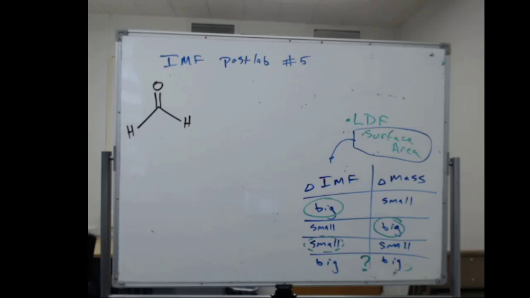Looking it up on PubChem the same way we did with lab. Let's go to chemical and physical properties. No, where is it? Patents. Wow, there's a lot of information on formaldehyde.